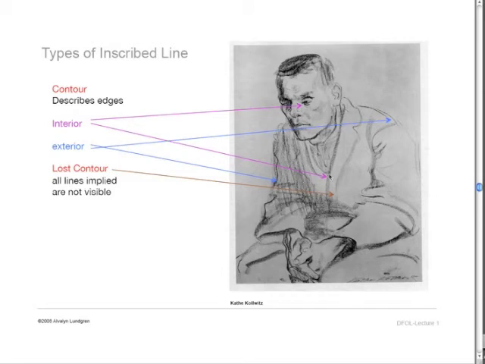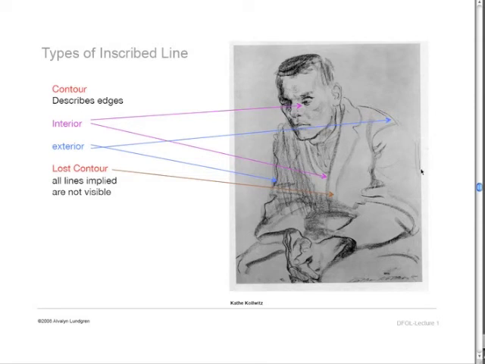So describing the edge of the lapel here, that's an interior contour. Describing the edge of the shirt, that's an interior contour. The mouth is an interior contour, but the cheek is an exterior contour. Then we have lost and found contour, which is part of the expression of inscribed line, especially in this drawing. Found contour is that which is actually visible, but there's areas where the contour kind of breaks.